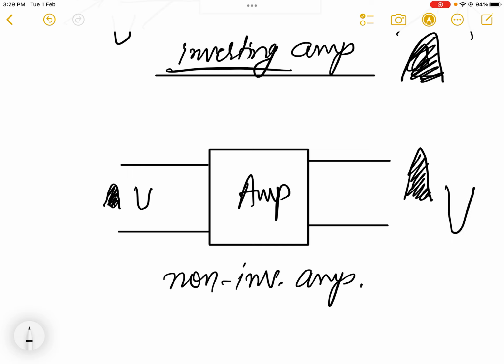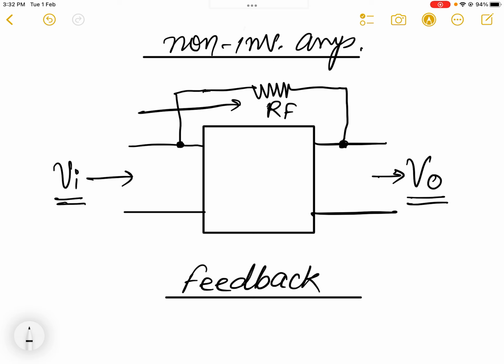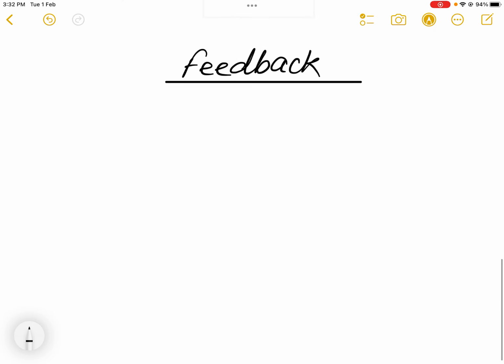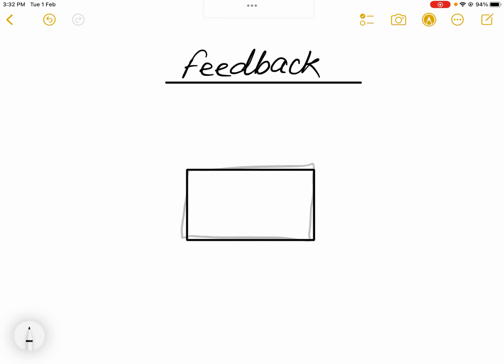Now since there are two types of amplifiers, inverting amplifier and non-inverting amplifier, and amplifier needs a feedback, naturally there are two types of feedbacks because there are two types of amplifiers. Now what are these types of feedbacks? If I take one inverting amplifier like this, now I draw just one input terminal here and one output terminal, that doesn't make any difference. Here I apply input voltage Vi and here I get output voltage Vo at the output. This is amplifier.